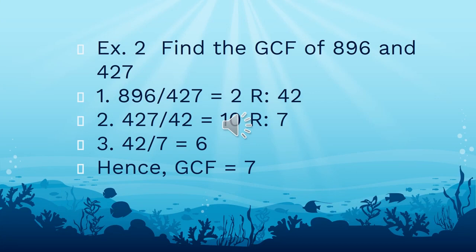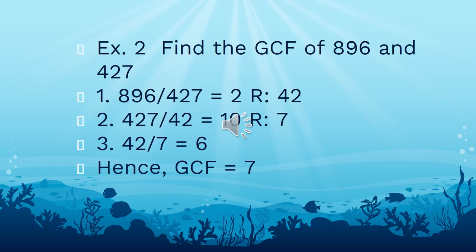Now to better understand the Euclidean algorithm, we have here our second example. Say we need to find the GCF of 896 and 427. First we divide 896 by 427, and that gives us a quotient of 2 and a remainder of 42.